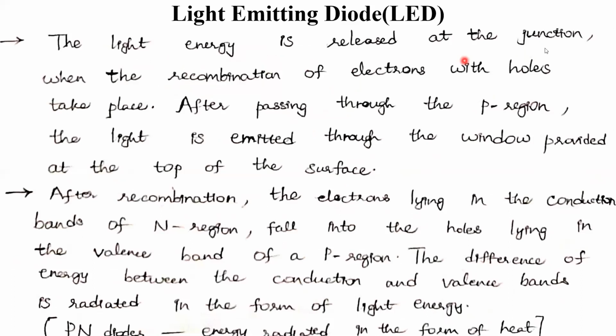Light energy is released at the junction when the recombination of electrons with holes takes place. After passing through the p region, the light is emitted through the window provided at the top of the surface.